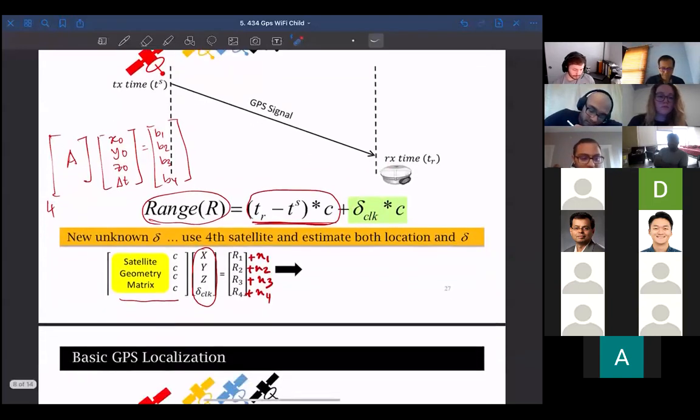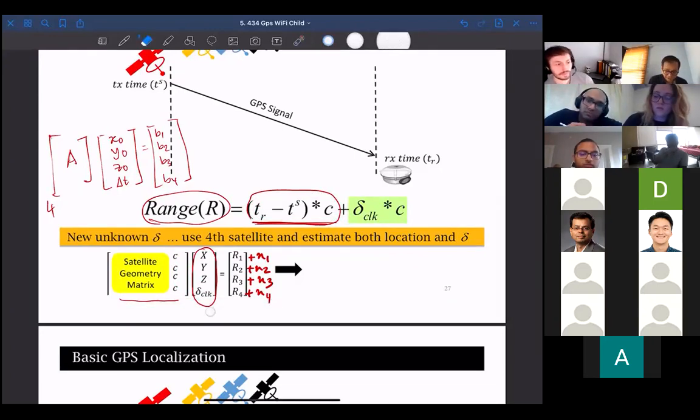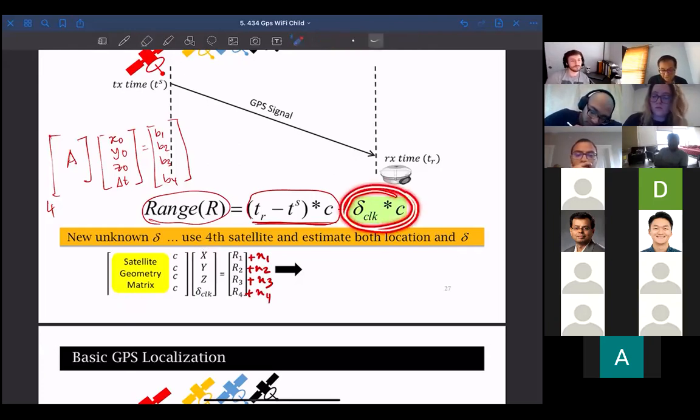Correct. So you have the satellite geometry matrix, and you need to add C, because delta clock times C is getting added to this. You need to look at this equation carefully. This part is what got added to your measurement, but you do not know this part, so you model it into your unknowns.